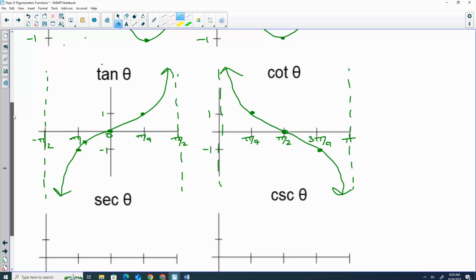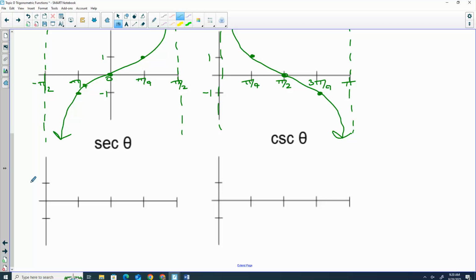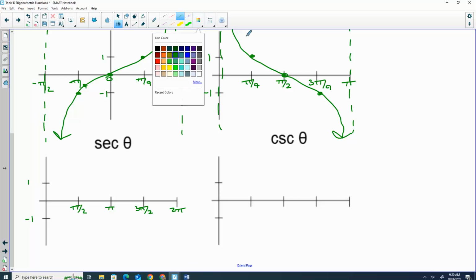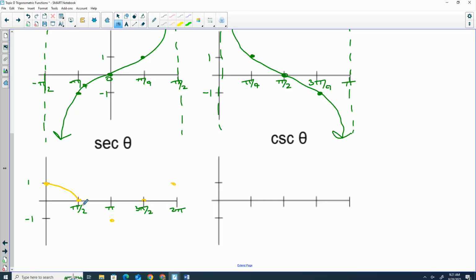So the graph looks like this. Okay. Secant. Secant is the reciprocal of what? Cosine. So we think of it as the cosine graph for a minute. A lot of times when we graph these, we would even draw the cosine graph to start with. We know cosine starts at 1, 0, negative 1, 0, 1. So that's what cosine would look like.